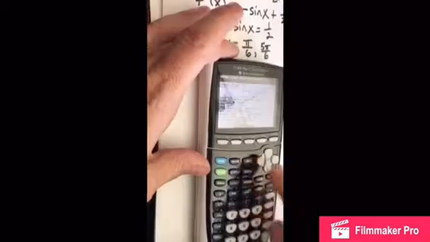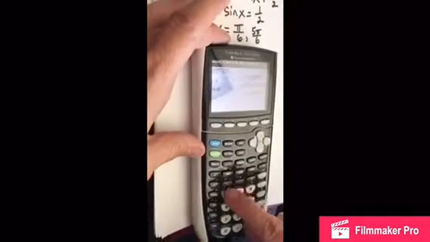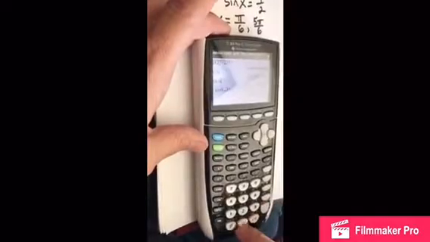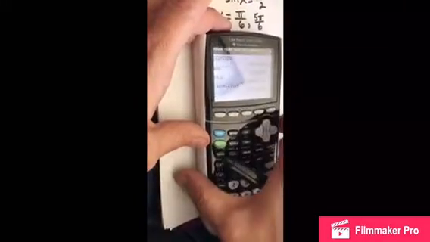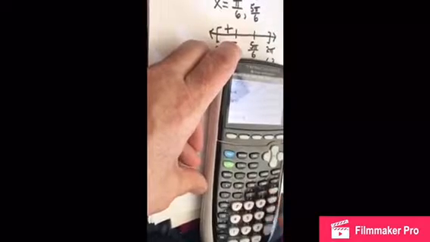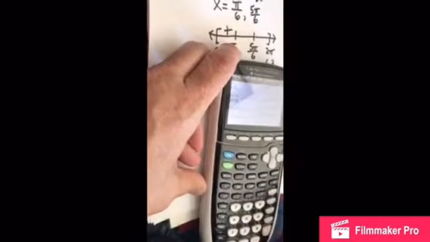Mine is, so the negative sine of 0.2 plus 0.5 is about 0.3. So we know this is positive. If we put a 1 in there, negative sine of 1 plus 0.5, that is negative.